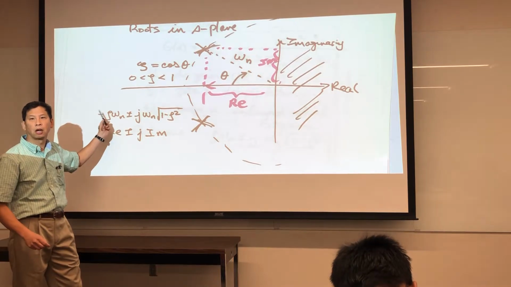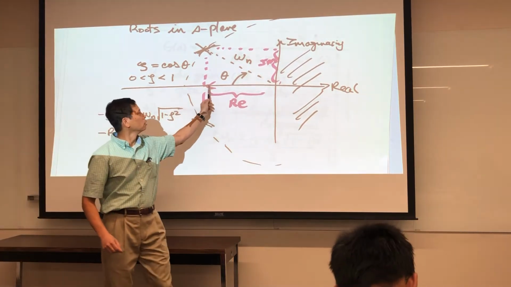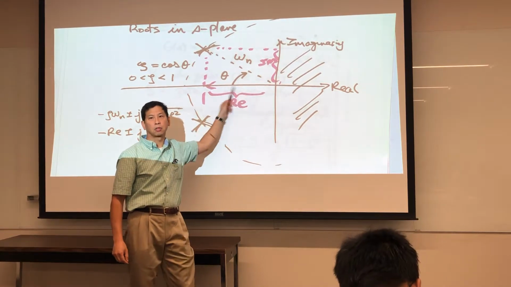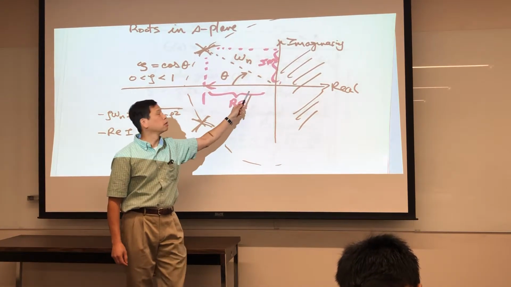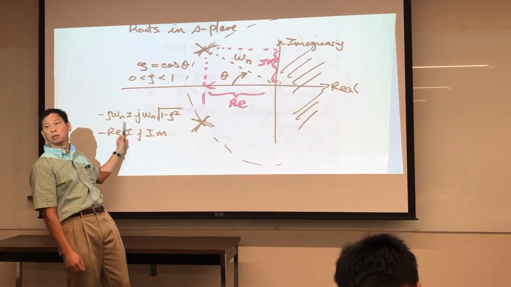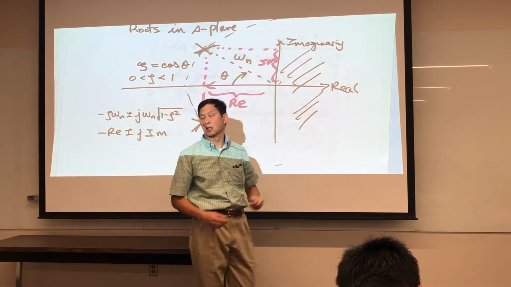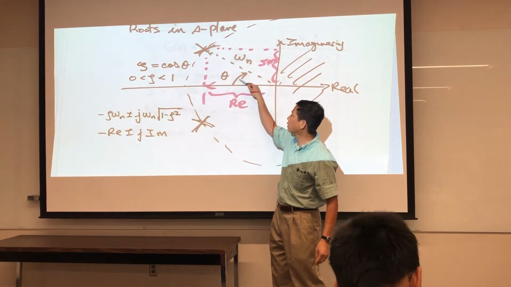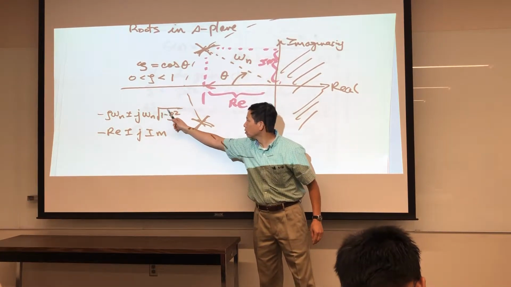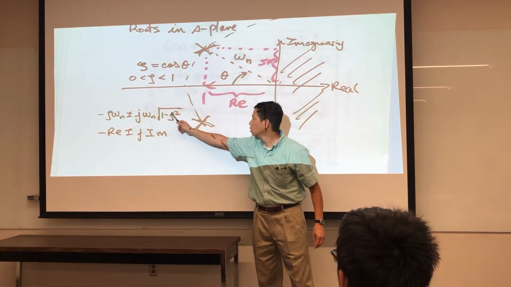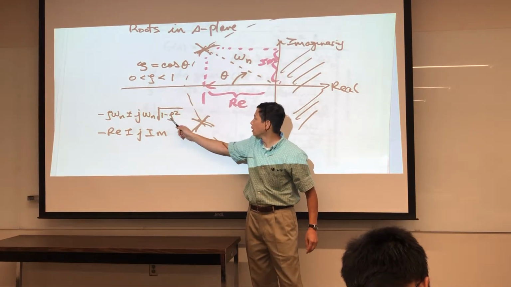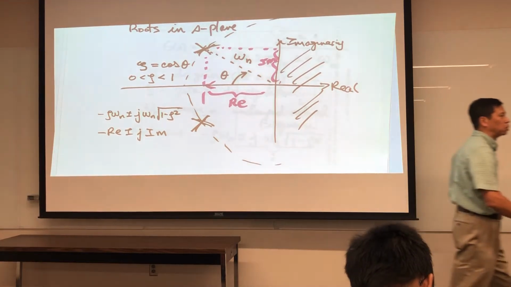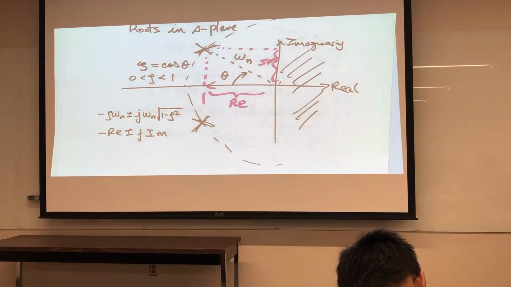Zeta is the cosine of the angle. So think about this. What is the length of this? It's hypotenuse times the cosine of this angle. That's why it's zeta omega n. What is this distance, the imaginary part? It is the hypotenuse times the sine of the angle. And if you think about it for a minute, if zeta is the cosine, then square root of 1 minus zeta squared is the sine. So you can rederive those formulas if you don't remember them.